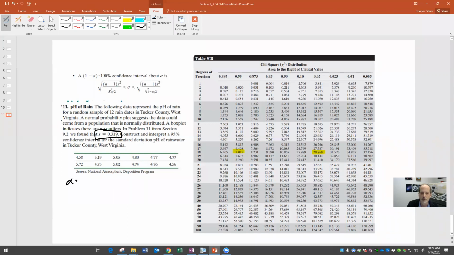So alpha equals 0.05. So alpha over 2 equals 0.025. And we need chi-square of 1 minus alpha over 2 for our upper bound.